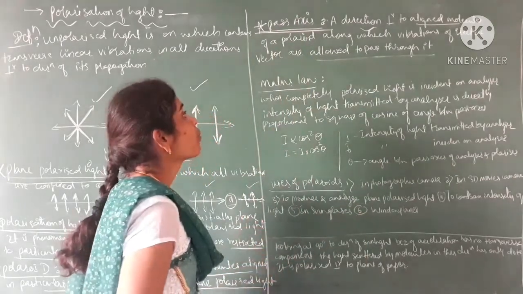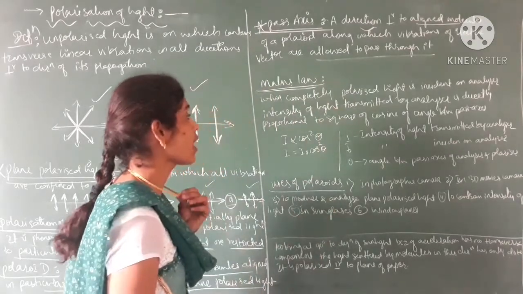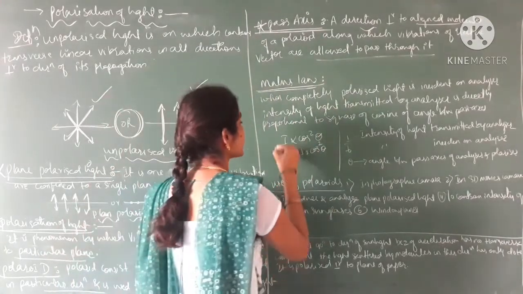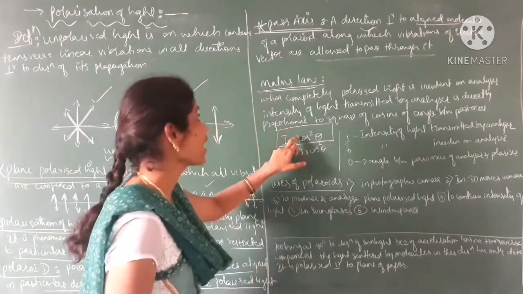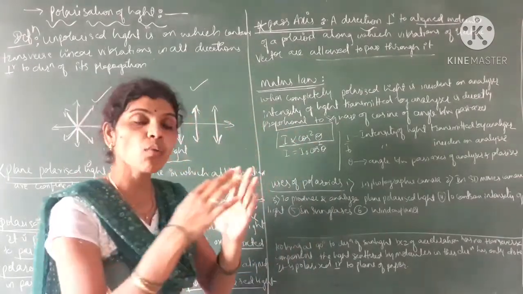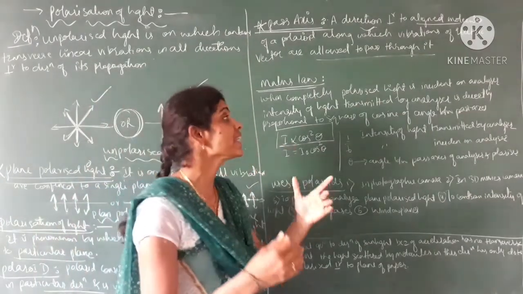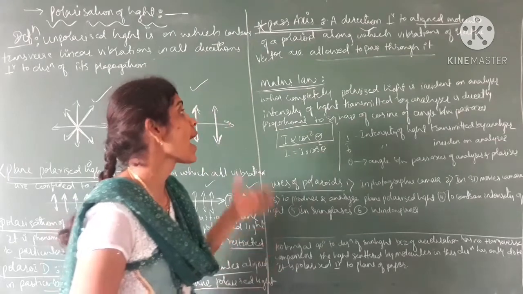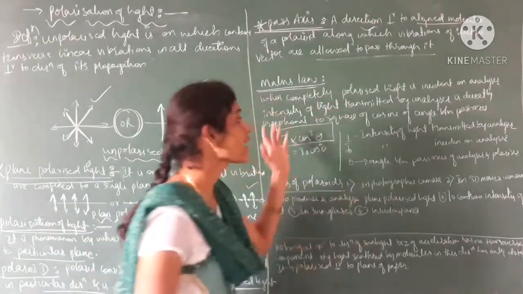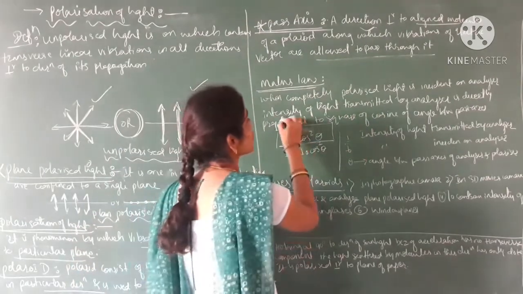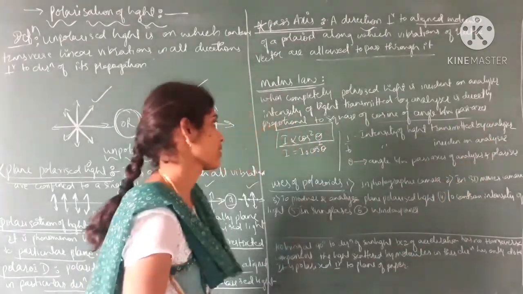And now Malus law. What is the statement of Malus law? Mathematically it is represented as I is directly proportional to cos square theta. Malus law states that when completely polarized light is incident on an analyzer, the intensity of light transmitted by the analyzer is directly proportional to the square of the cosine of the angle between the pass axes.